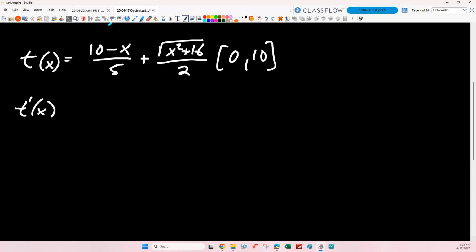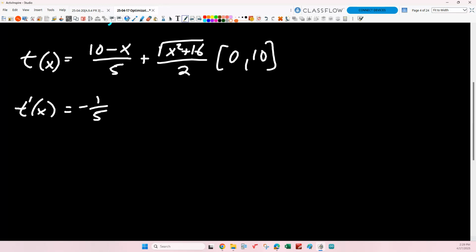I mean, that's really just 10 over 5 minus x over 5, isn't it? Everybody agree? The derivative I get from that first term is just negative 1/5. Right? Okay.